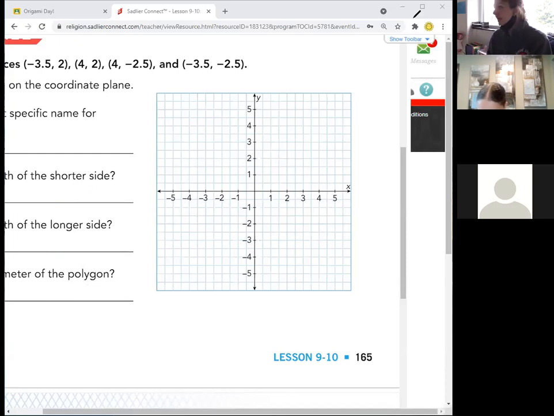We did some of it together. Then for class time tomorrow, there's no Zoom, but we're going to have some independent work time to work on 164 and 166 on your own. Good? All right. Rest of class period.